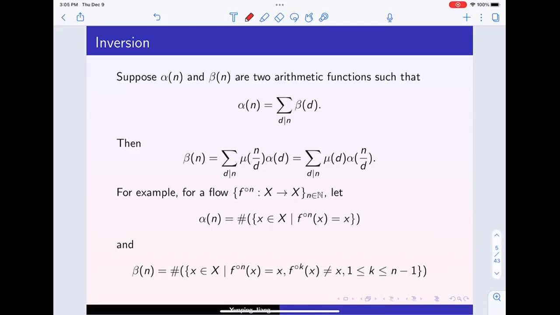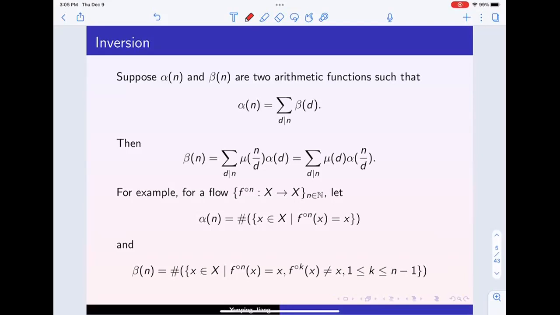What does the inversion mean? If alpha n and beta n are two arithmetic functions, and alpha n can be written as the summation of beta over all the factors of n, then you can invert it and write beta n as a summation over the factors of n of the Mobius function times alpha.